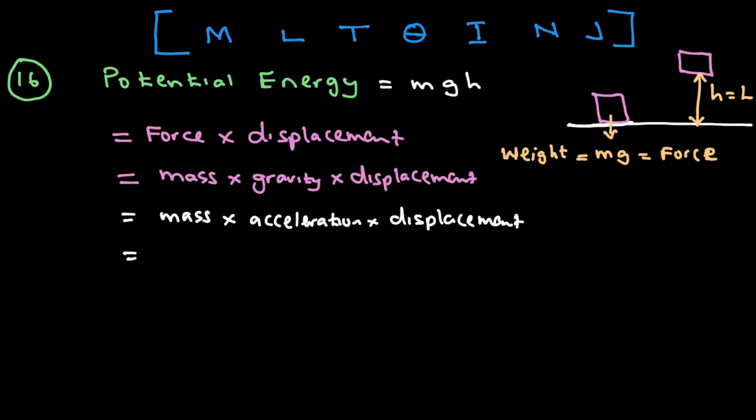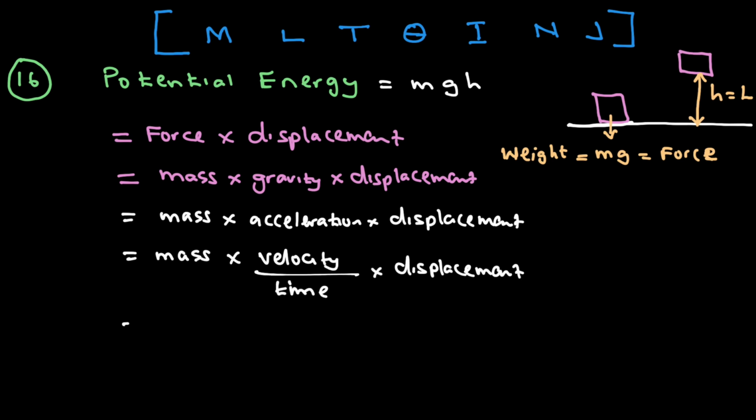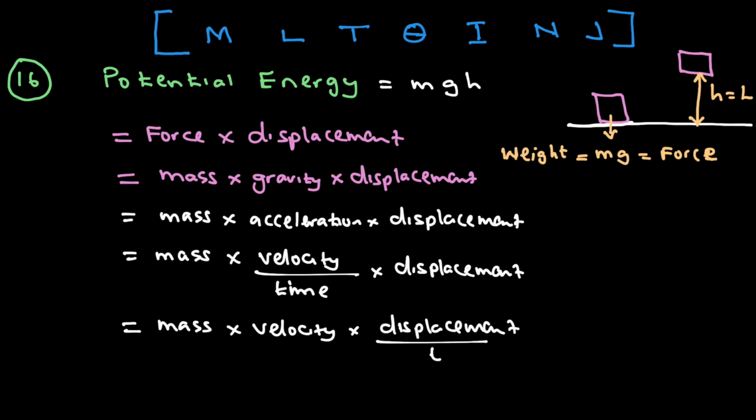Acceleration is velocity over time. So the mass times velocity over time times displacement. But that is mass times velocity times displacement over time. I just moved that time to there.